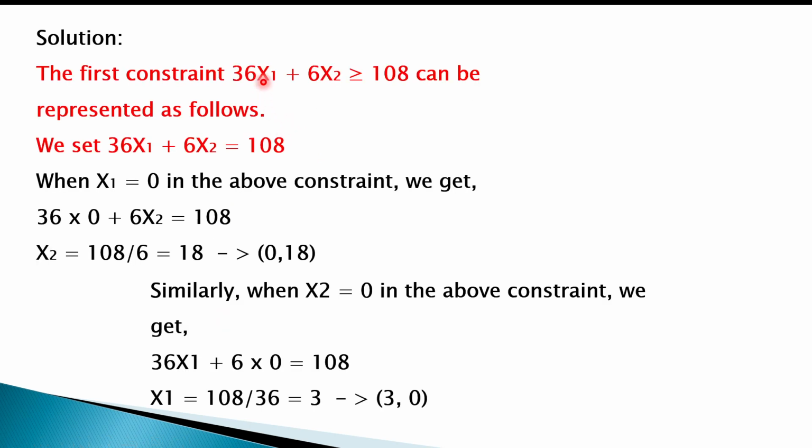So first of all, we focus on the first constraint, 36x1 plus 6x2 greater than or equal to 108. First of all, let x1 equal to 0. So 36 times 0 is 0, plus 6x2 equal to 108. So x2 will be equal to 108 divided by 6, which is 18. So the point is x1 is 0, x2 is 18.